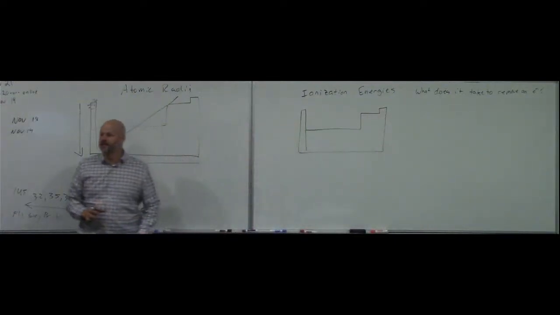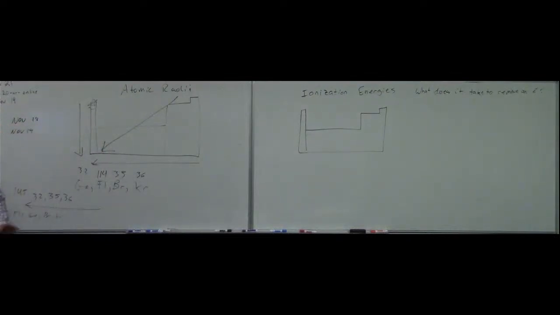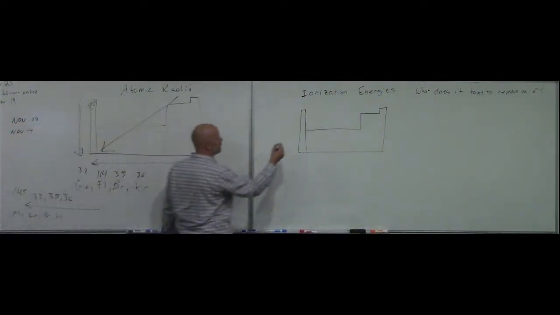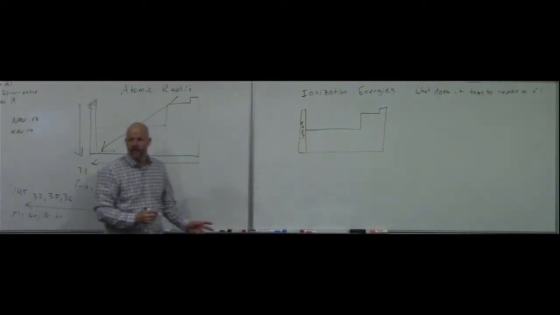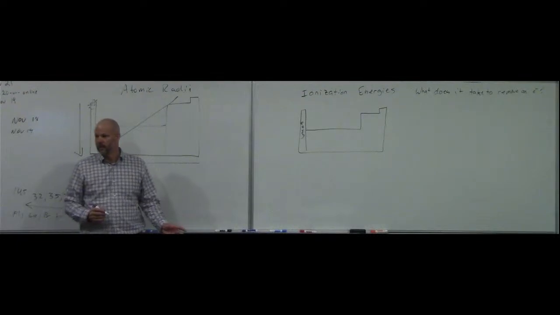Which of these most readily will remove an electron? To the left or the right? To the left. These are the easiest, right? It doesn't take a ton to remove an electron from these.